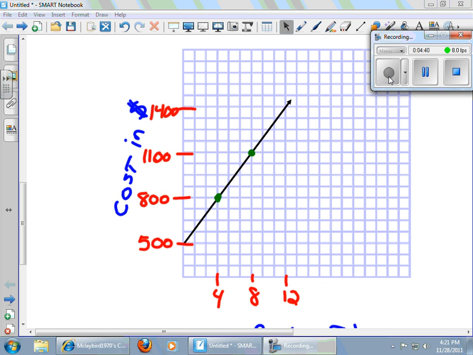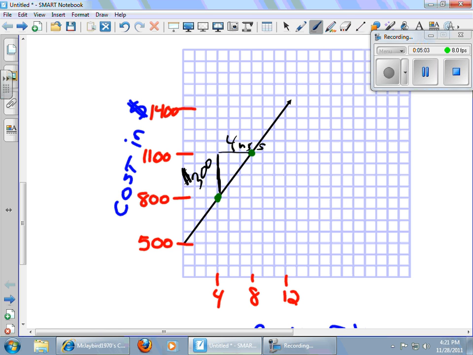I will figure out my rise, which looks like I'm going up $300, right? From one point to the next, I go up $300, and then my run is 4 credit hours.